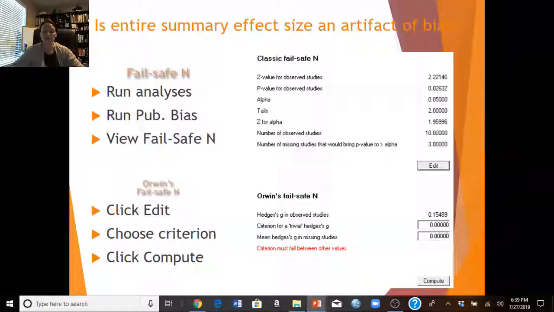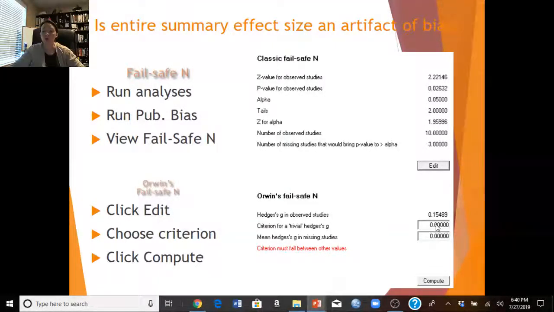But even if there was just a little bit of an effect, like a 0.05, that's still pretty pathetic, and it's just a trivial amount of an effect. So instead of using a Hedges g of 0, let's change it to something that makes more sense: something that had an effect, but it was trivial, so really not that significant.